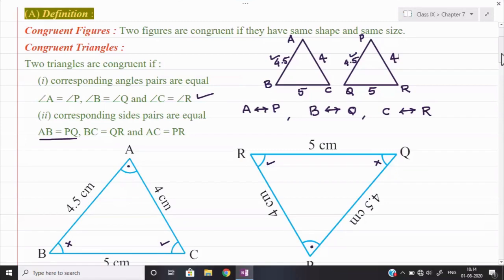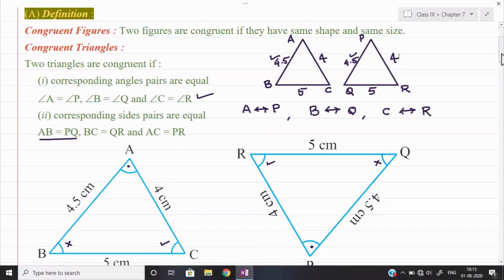A congruency theorem uses only 3 things out of the 6. They may take all 3 sides, or a combination of sides and angles, meaning some sides and some angles. If we are able to prove they are equal in a particular manner, we can say that the triangles will be congruent. We need not prove that all the sides and all the angles are equal to prove the triangles congruent.